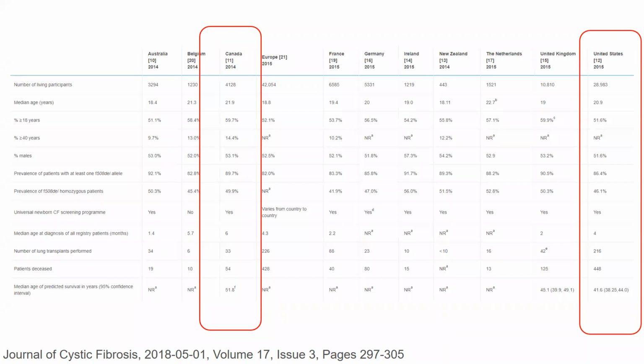And I think what people are thinking the biggest reason for that is the access to care. Access to care in these patients is extremely vital to getting the treatment they need because they need very close follow-up. In the United States, a lot of people are falling through the cracks and not enrolled in the CF centers as they should be.